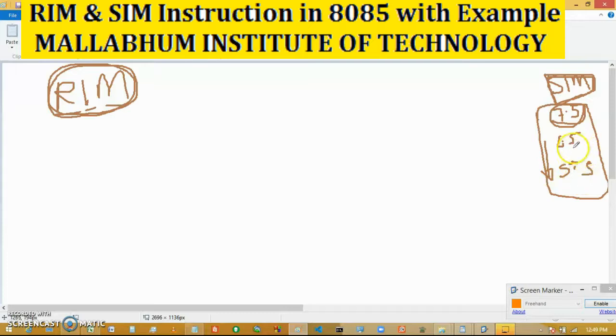Now with the RIM instruction, we check this pending interrupt. Not all the interrupts are going to execute at the same time, so we check the pending status of all the pending interrupts with the help of this Read Interrupt Masks.